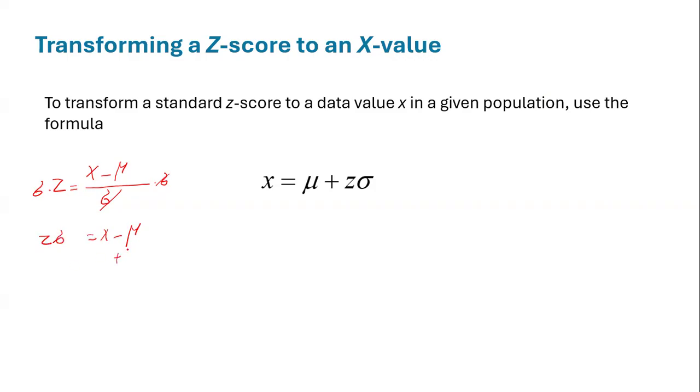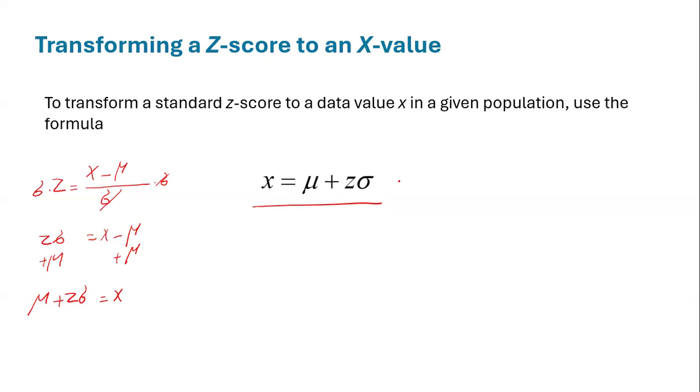And now adding mu to find the x, x must be equal to mu plus z sigma. It's the same formula, just the way of writing is different. So you still can use the previous formula, or if you like, you can write it in this form, which gives you a faster way to find the answer.